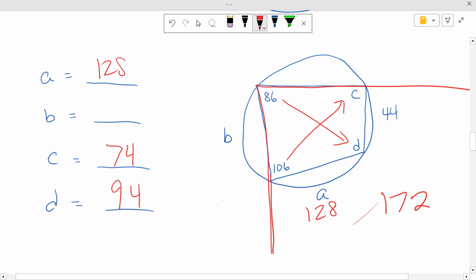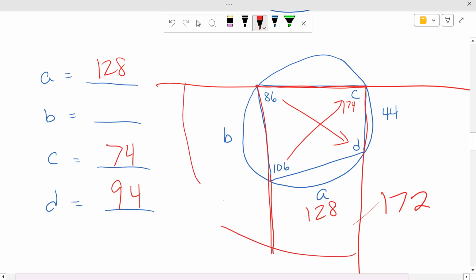So A is 128. If you want to find B, B comes from C. Channing just told us that that's 74. If that's 74, 74 times 2 is what? 148. If that's 148, and this part is 128, what's left for here?